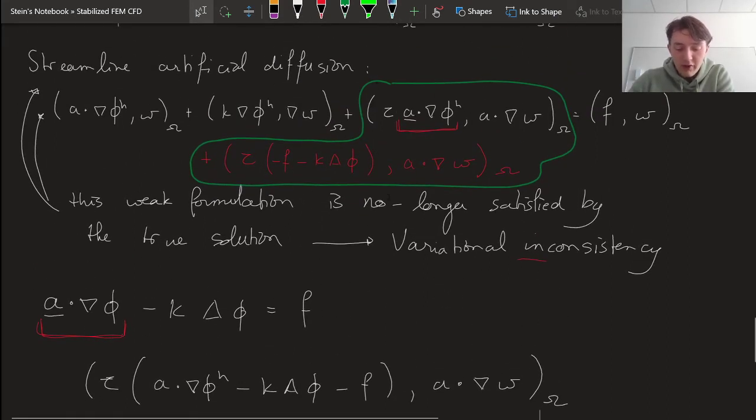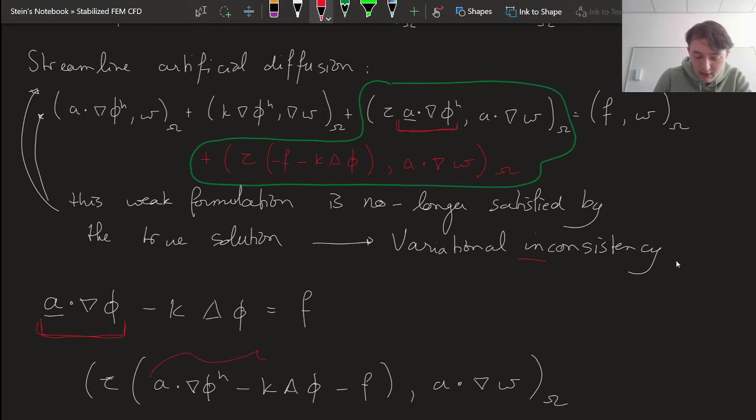So whatever I've boxed here in green can be rewritten as what I have here in the bottom. Why is that so interesting? Well, this is precisely what we call the residual. Or depending on the paper that you write, sometimes this is called minus the residual.